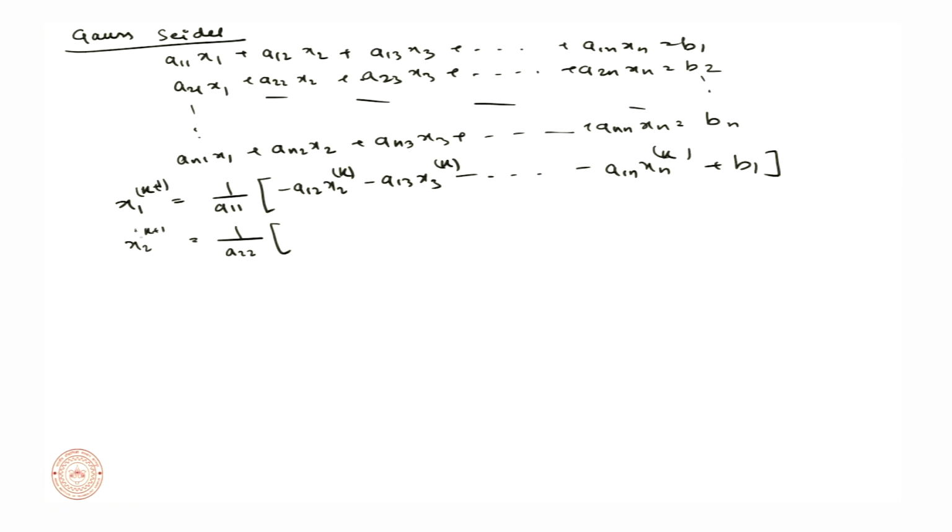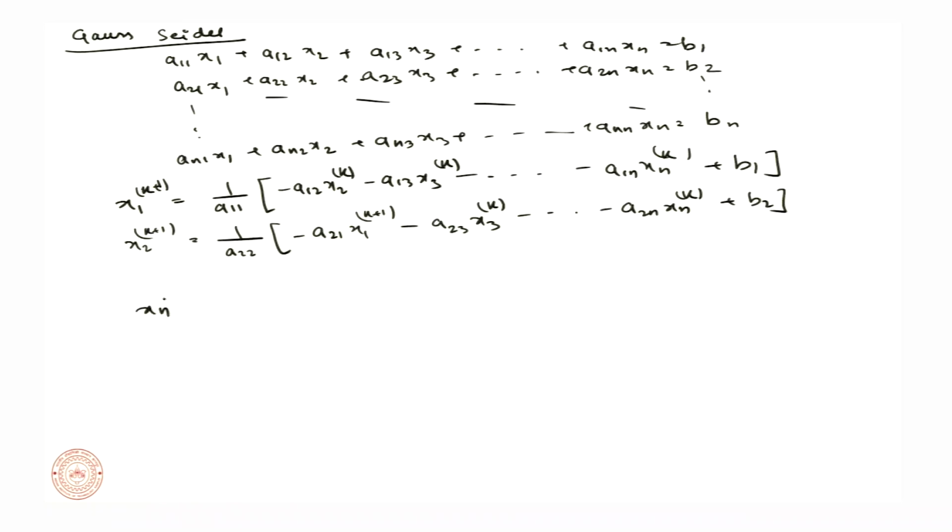This is k plus 1 minus a21 x1 of k plus 1. Then apart from that, we do not know any other value, so we will take all the guess values now: a23 x3 of k minus a2n xn of k plus b2.